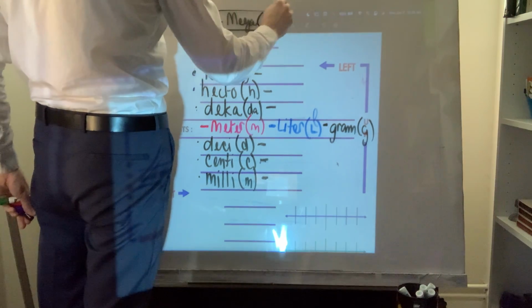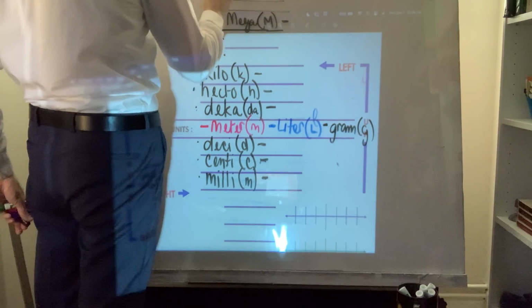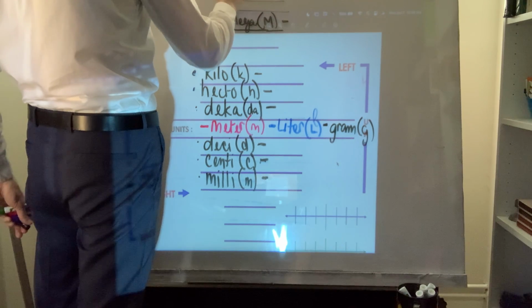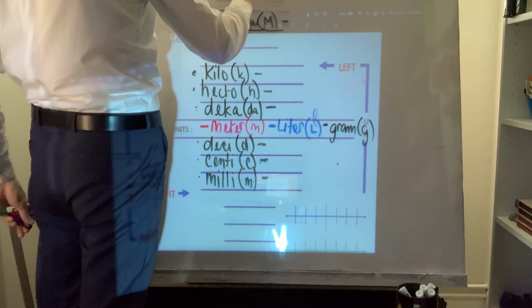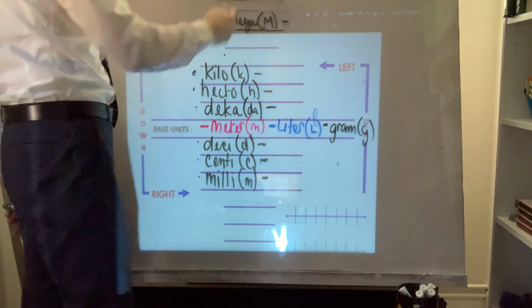And then another 3 up would be giga, which is G, and another 3 up would be tera.